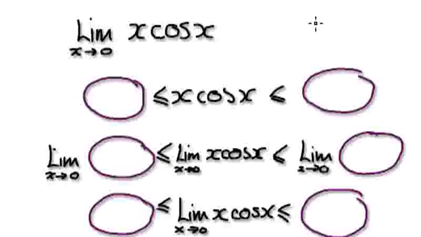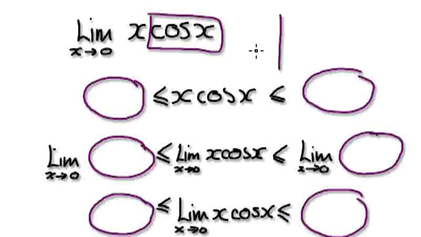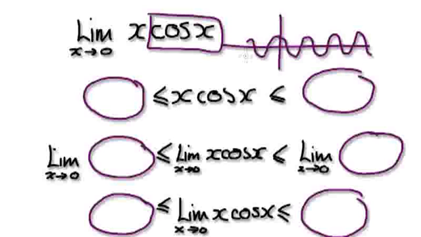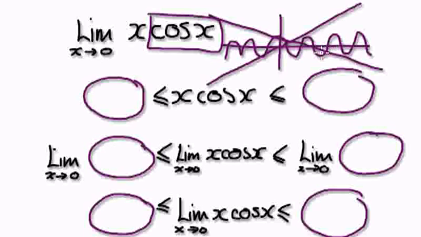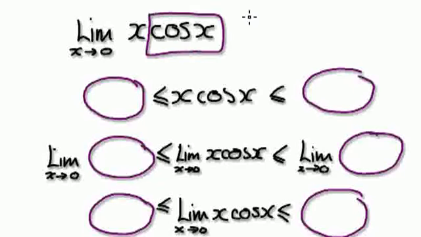The question is, find the limit of x cosine x as x approaches 0. Start out by knowing that cosine of x is being trapped in between 1 and negative 1. The highest value that this could be is 1, the lowest is negative 1.